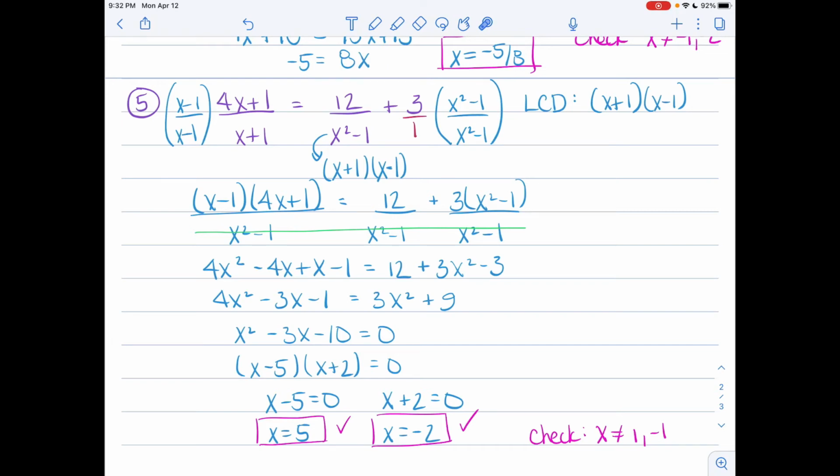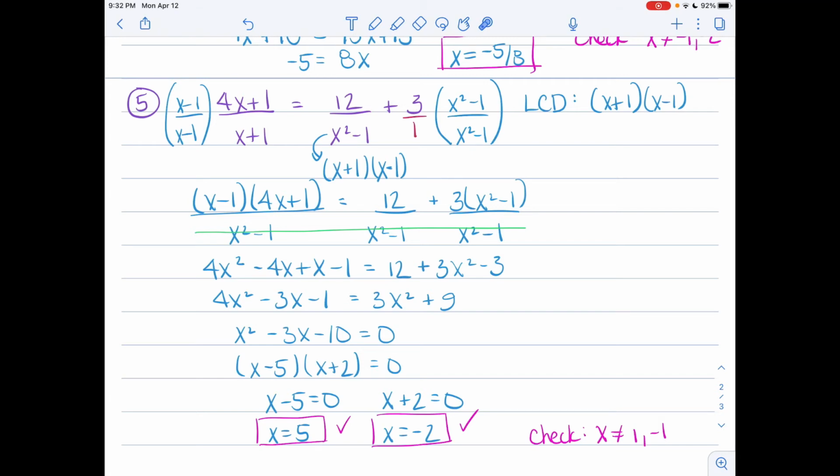All right, let's go ahead and look at our next step. So our next step is to multiply everything and start simplifying. So I'm going to multiply x minus 1 times 4x plus 1 here, and I'll actually do that multiplication in the next step. This fraction stays exactly the same as it was. I didn't have to multiply by anything.